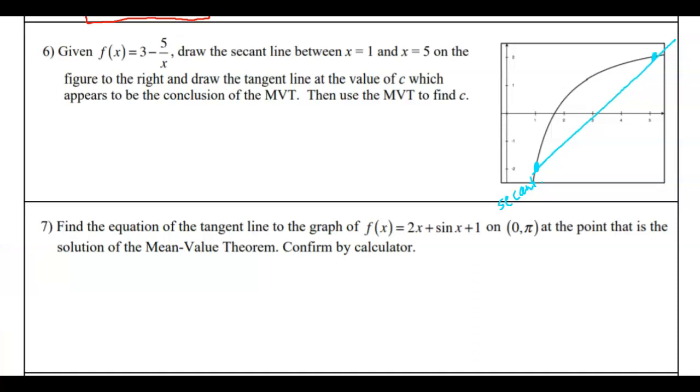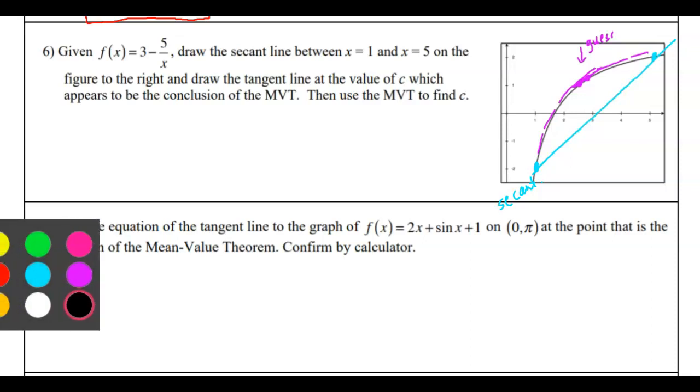Somewhere, as I draw my tangent lines, somewhere this slope has to be exactly the same as this line. Well, it kind of looks like right here, okay? This is my guess. If you look at this tangent line, it kind of looks the same. It's maybe like a little bit over here, but that's the idea, okay?